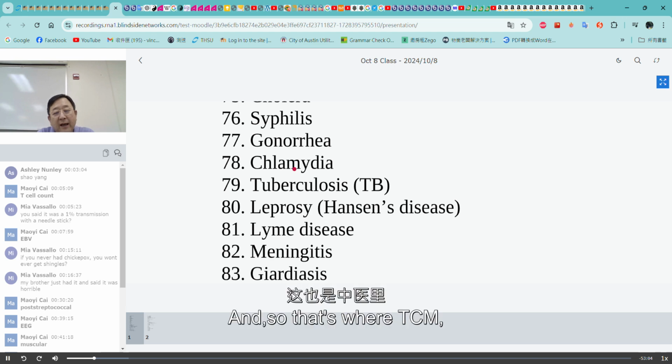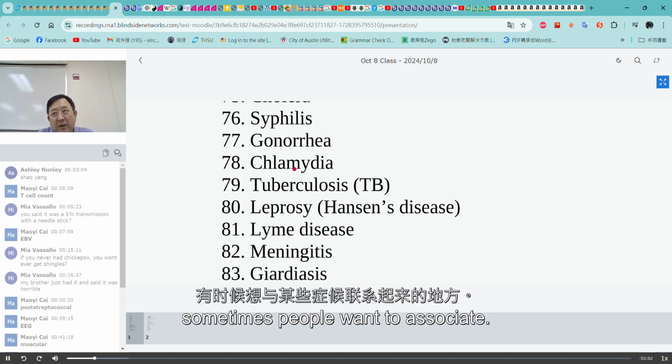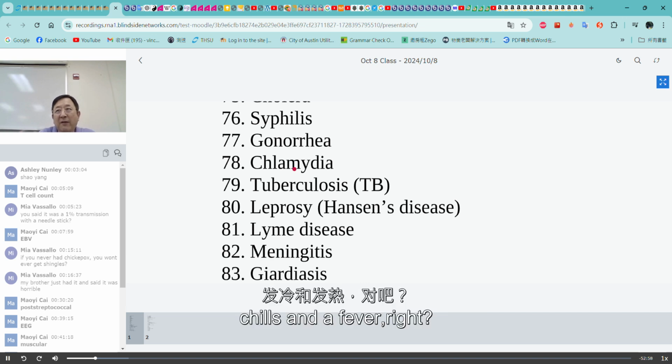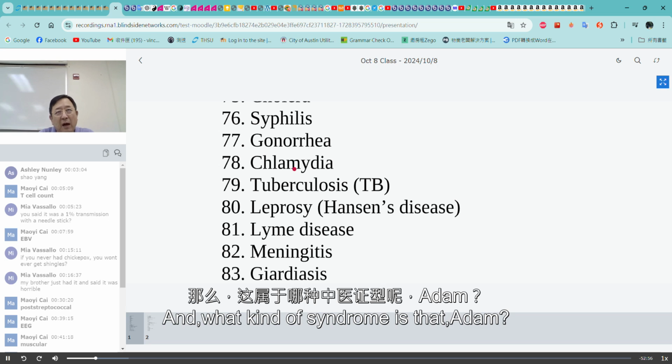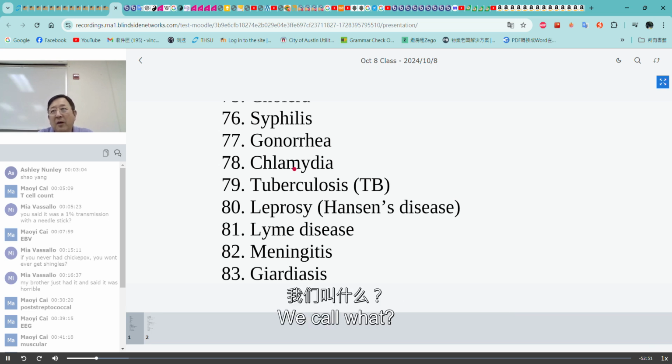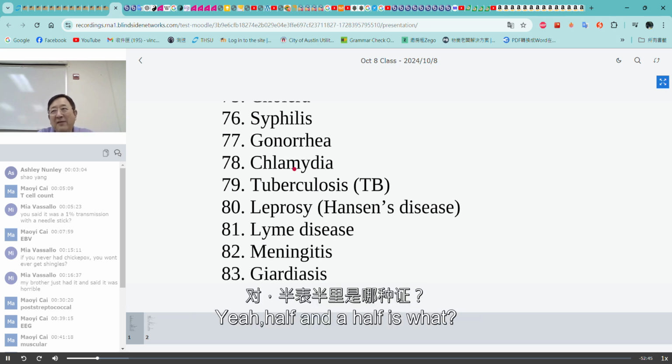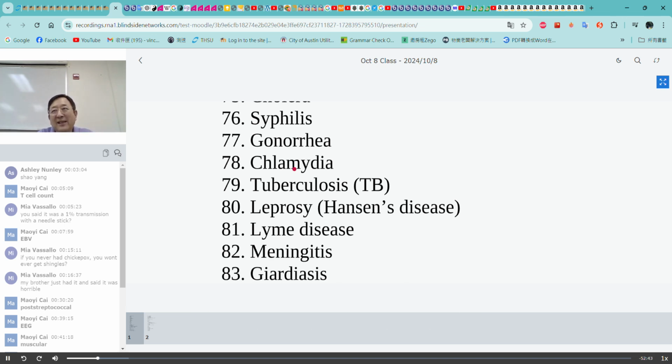Alternating, and so that's why in TCM sometimes people want to associate. If a person has intermittent chills and a fever, right? And what kind of syndrome is that pattern? We'll call what? Half inside, half outside. Yeah, half and a half is what?